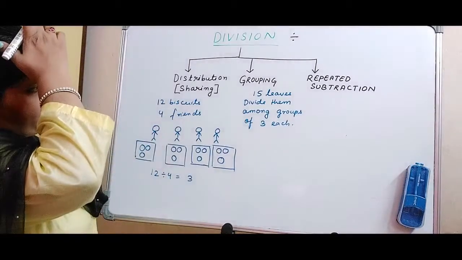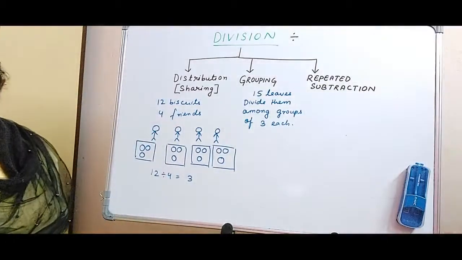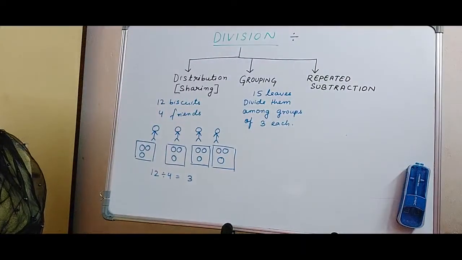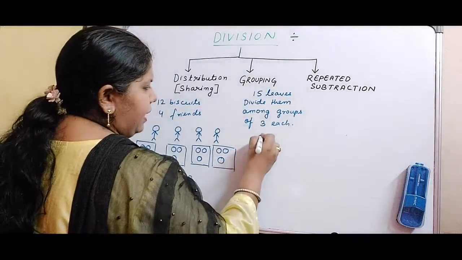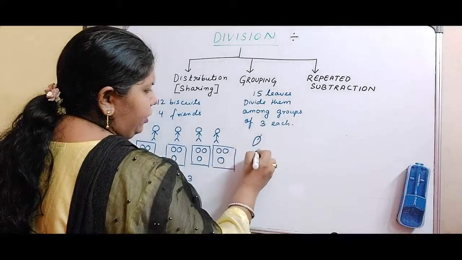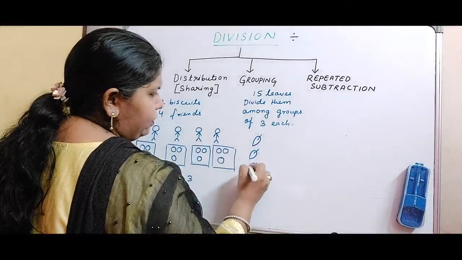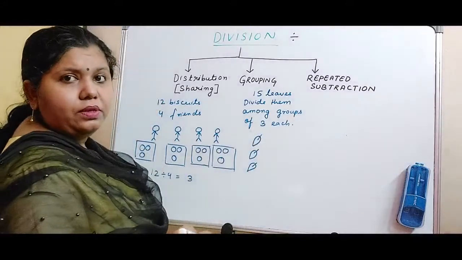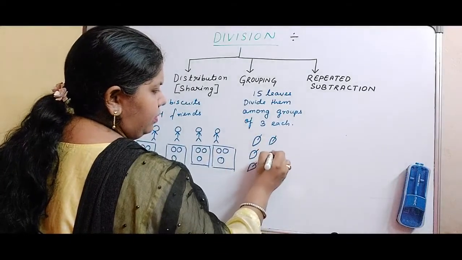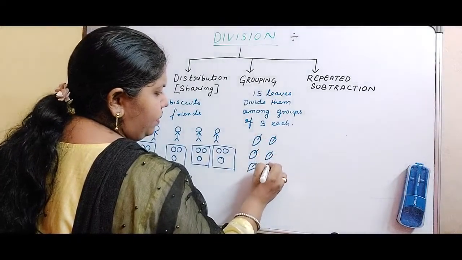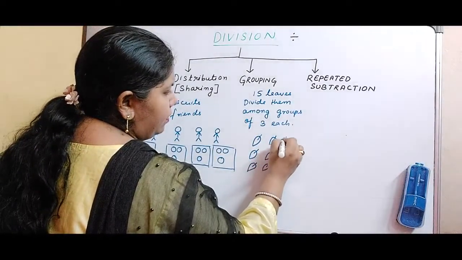So for that, what we will do? First we will divide the leaves into groups like this. This is the first group. This is the second group. This is the third group.